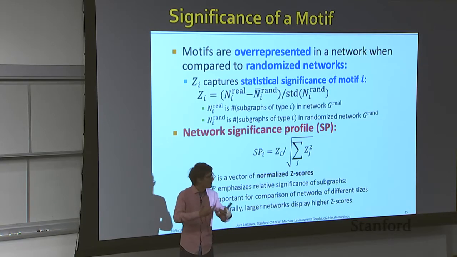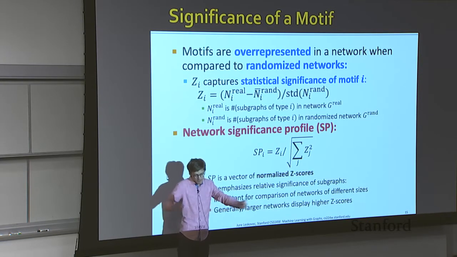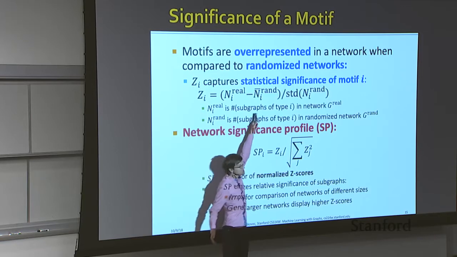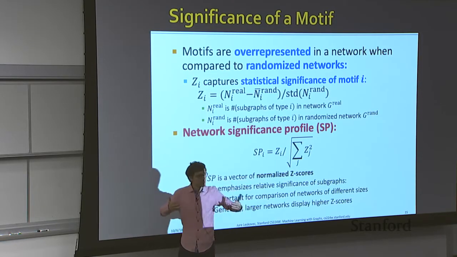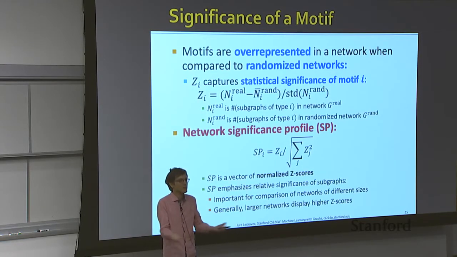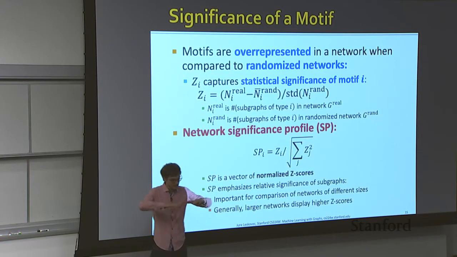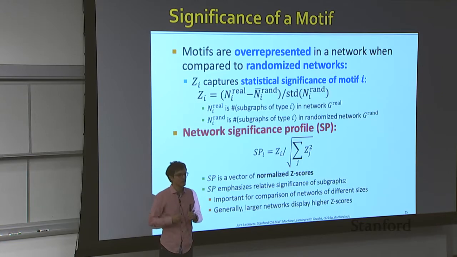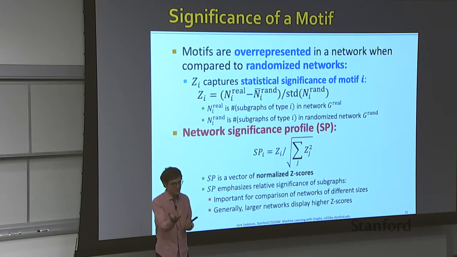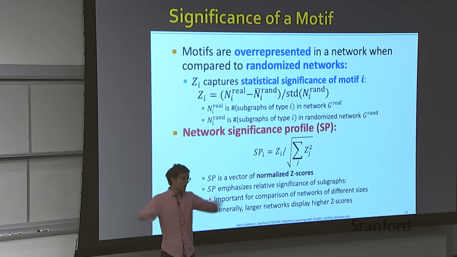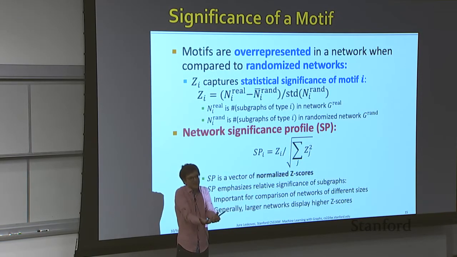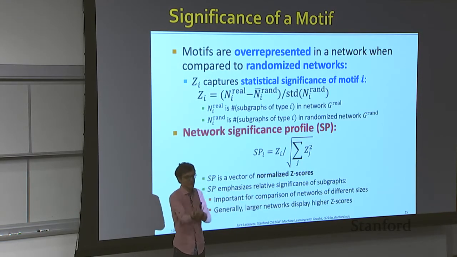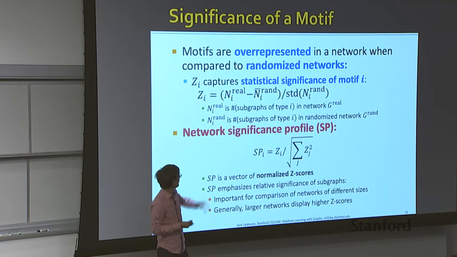However big your network is, however dense your network is, the random part will try to subtract that out. So we are really interested in whether it is more or less than what we would expect. If you see that something occurs a lot, it's not clear whether it really occurs a lot, or maybe the graph is super big and it really occurs little for the size of that graph, but still the absolute number is large. So we normalize it this way.